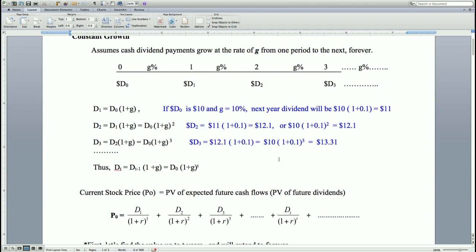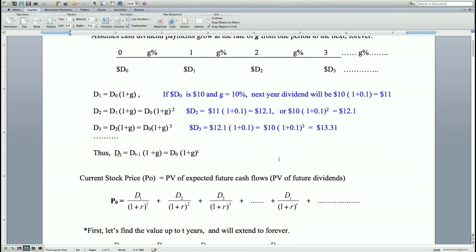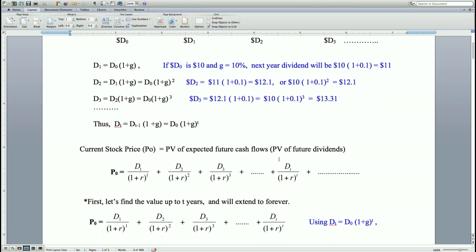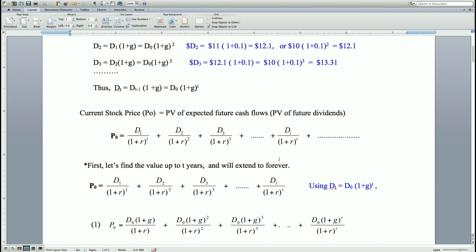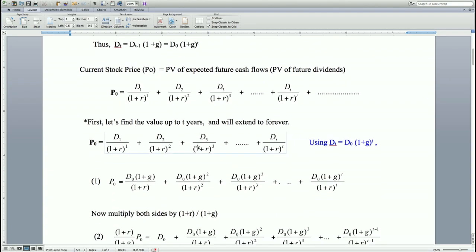That's the approach we will use. So we need P0, and we can't do it at one time, so we do two steps. First, find the value up to T years: year 1, year 2, up to T years. All those future money values today. So P0 up to year T.